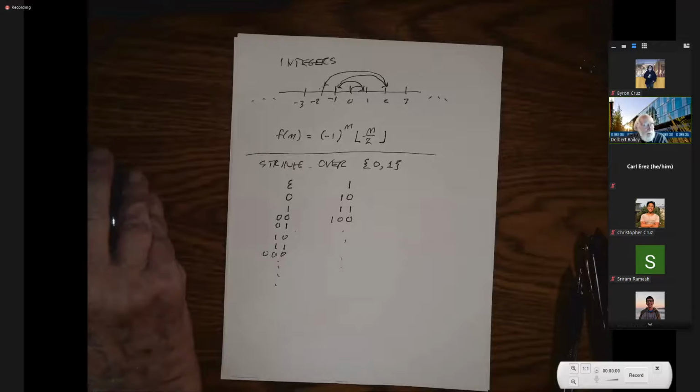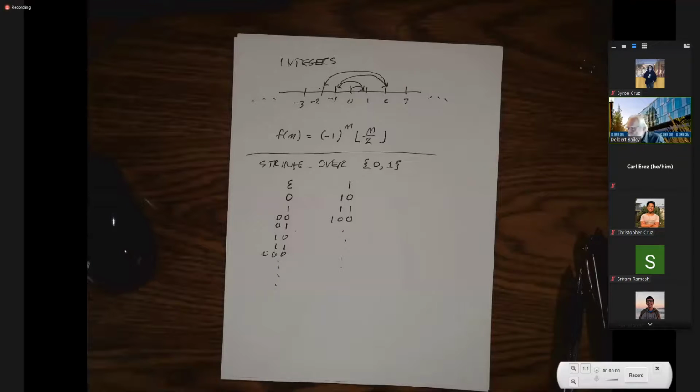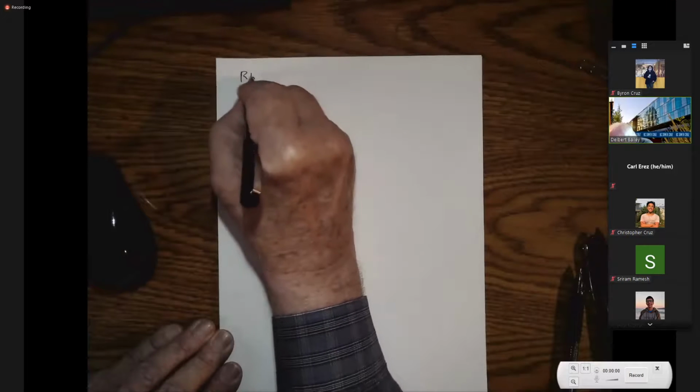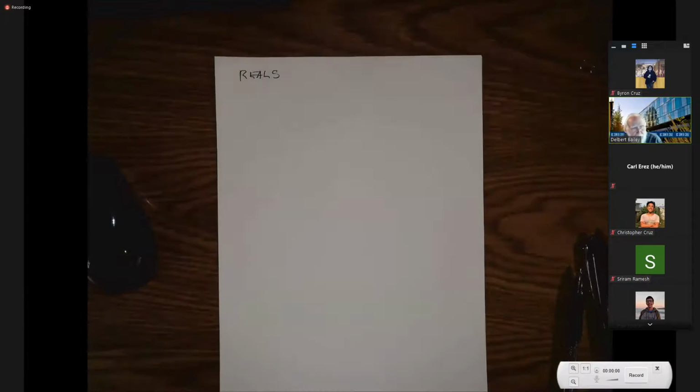But now, what about the real numbers? Okay, well, the first thing is, let's make it a little simpler without really losing anything, and just talk about the real numbers between 0 and 1.